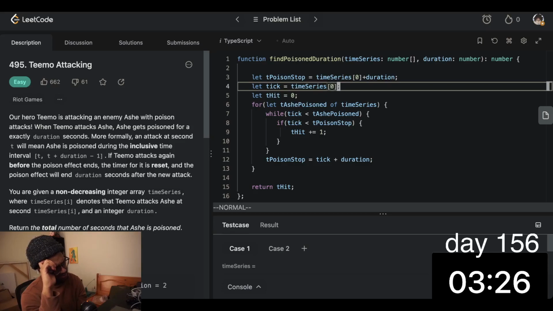So if we had 1 and 4 with duration 2, at 1, tick would be 1, T hash poisoned would be 1. 1 is not less than 1, so we'd say T poison equals tick. T poison stop already equals tick plus duration. Tick is less than T hash poisoned. 1 is less than 3.